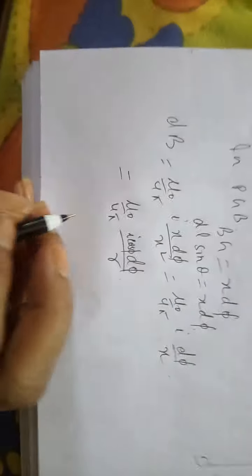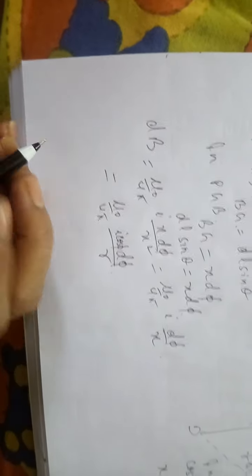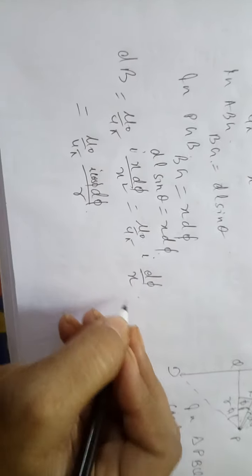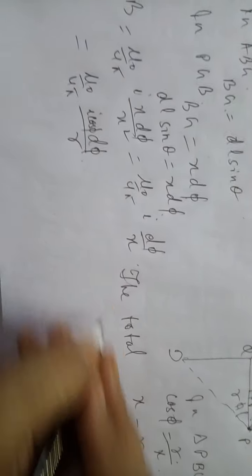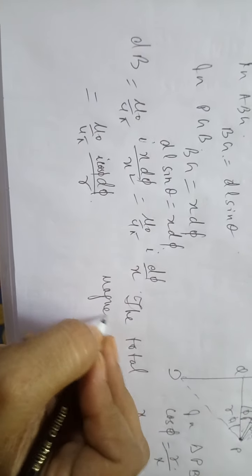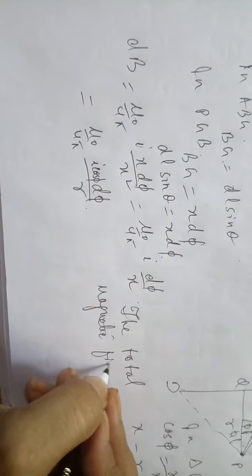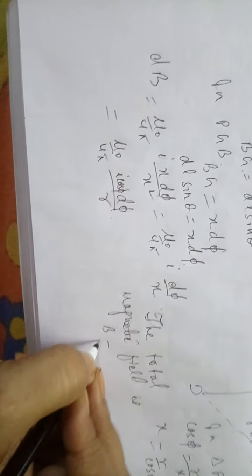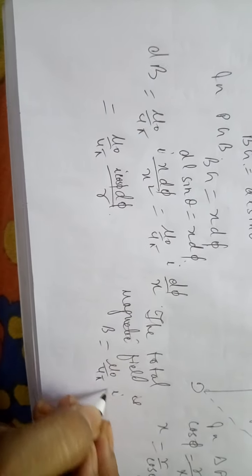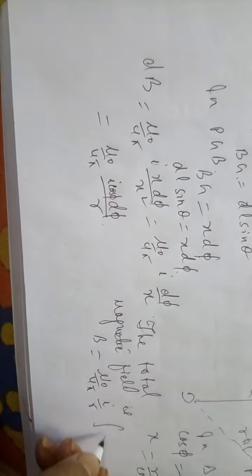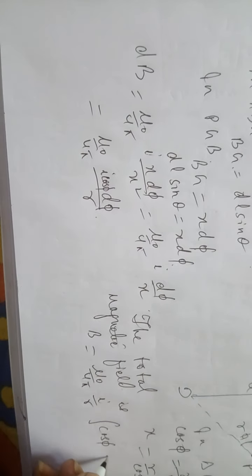When you integrate, the total magnetic field is given by B equals mu 0 by 4 pi, which comes out as a constant, I by r, which comes out as a constant, and the integration of cos phi d phi.